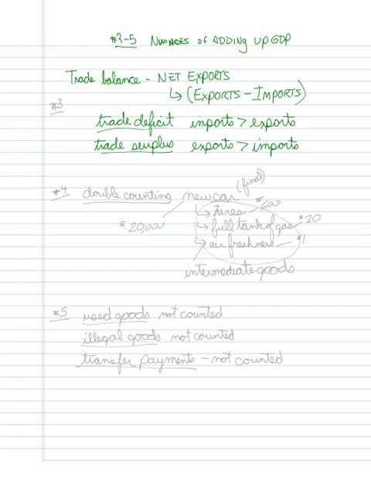I don't want to get into why you can't keep doing that, because we don't have enough time in this course to get to why you can't do that continually. But for right now, I'd just like you to understand this definition of the trade deficit and the trade surplus.